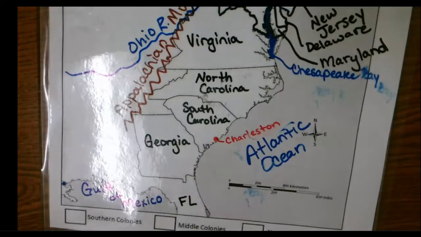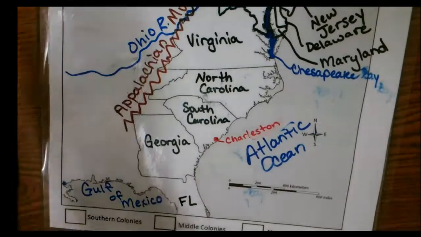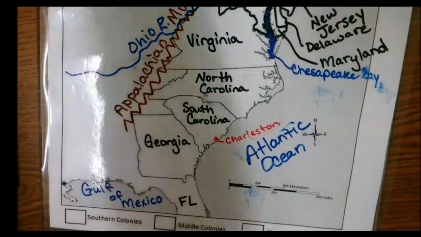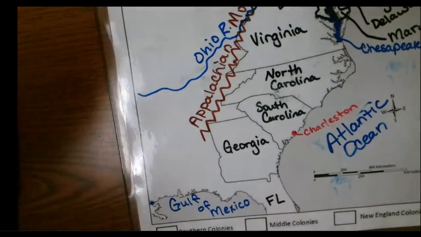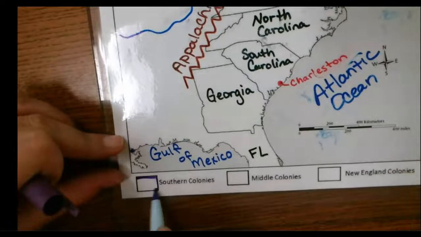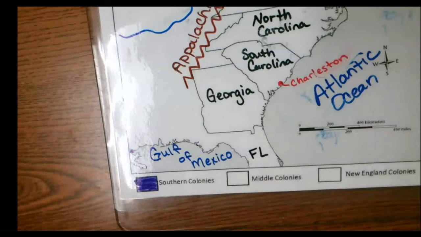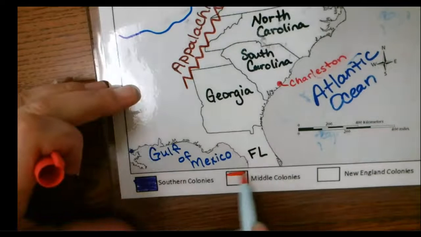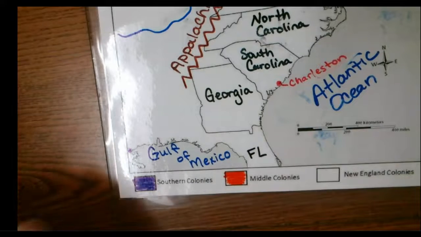We'll start with, let's see, I'll use green, purple, and orange for mine. And I'm going to color them in at the bottom. I don't care what colors you use. Just make sure that you color in your key. I'm going to make the southern colonies purple, the middle colonies orange, and the New England colonies green.